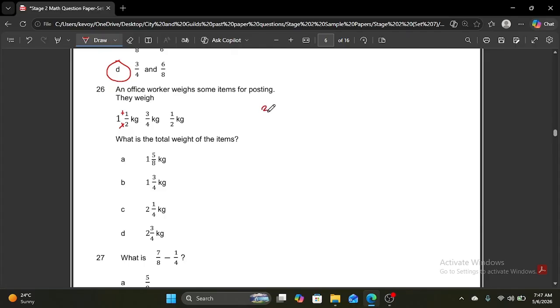So let's write these out. 3/2 is our first fraction, plus 3/4, plus we have a half, so that's 1/2.